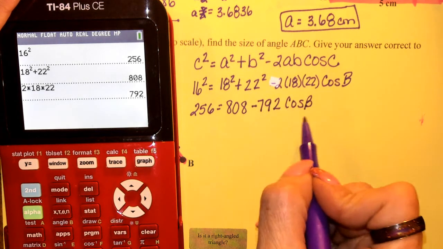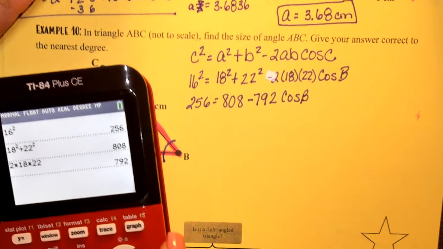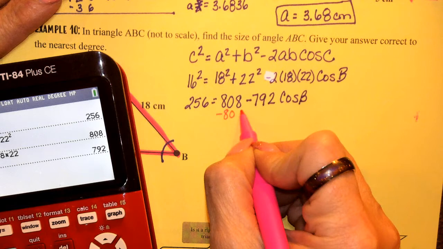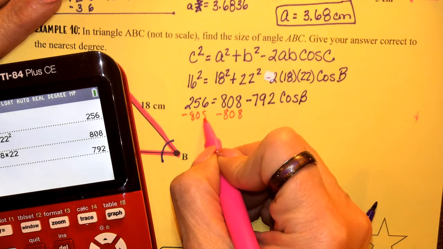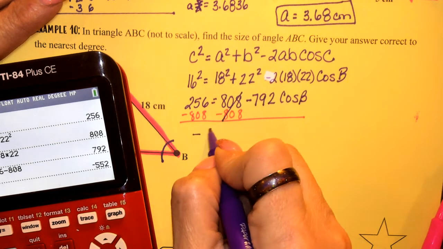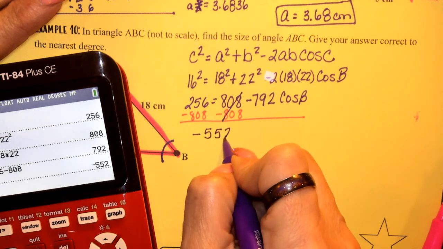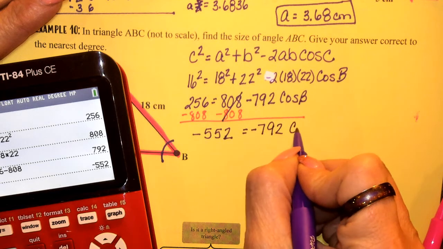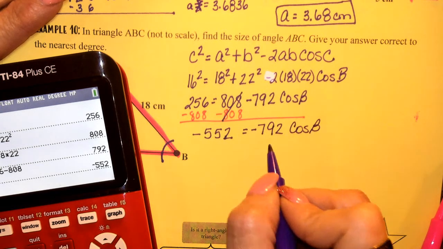And remember, we're solving for cosine of b. So I'm going to subtract 808 from both sides. So 256 minus 808, negative 552, equals negative 792 cosine of b.